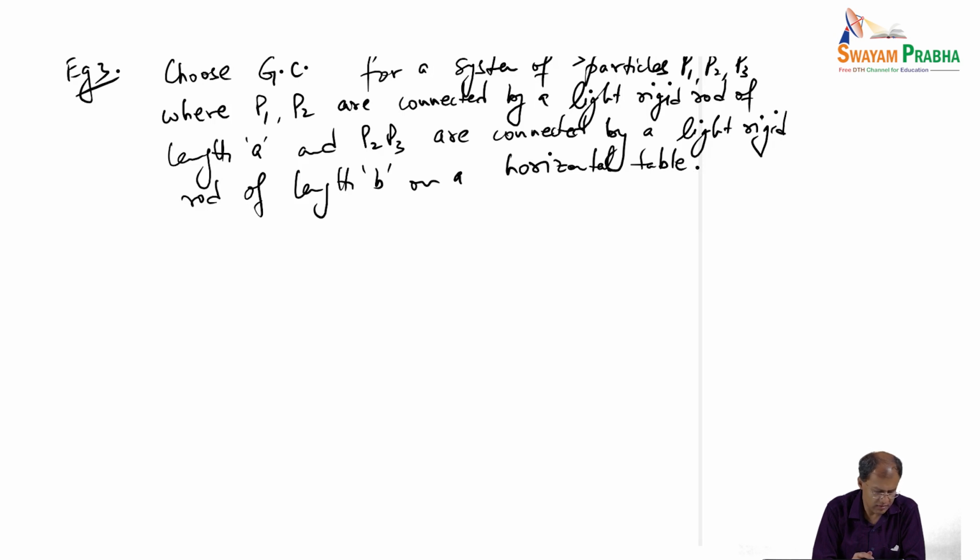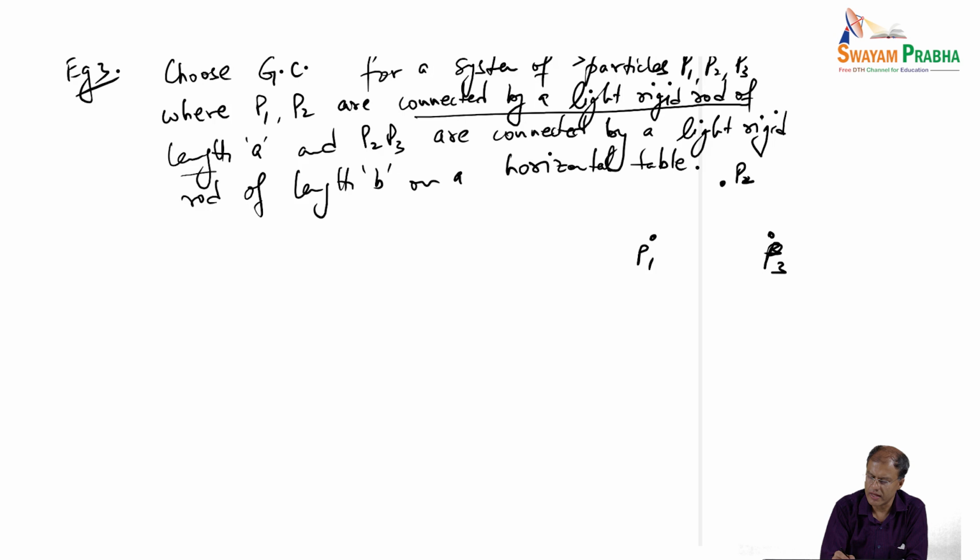Okay, so what we have is a set of three particles P1, P2, P3, all connected by a system of light rigid rods of length A and length B. So P1, P2 is connected by a light rigid rod of length A, and P2, P3 is connected by a light rigid rod of length B. And we have to find out the generalized coordinates.